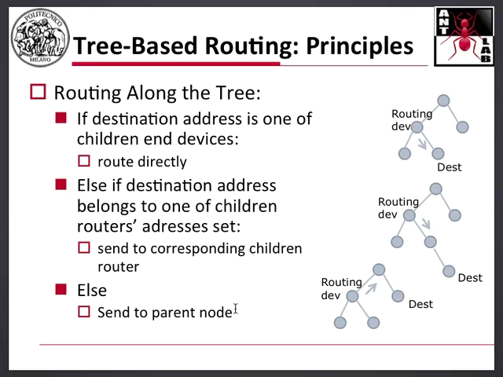Meaning, whether the destination is directly connected to myself, whether the destination belongs to my sub-branch of the tree, or whether the destination is someone else. It's the only three things you have to know, or you can actually know, just by looking at the addresses.